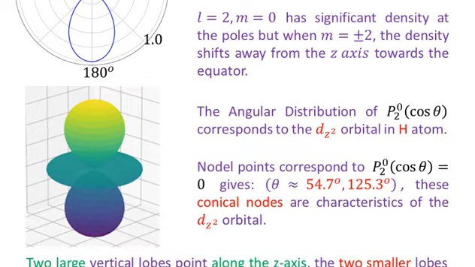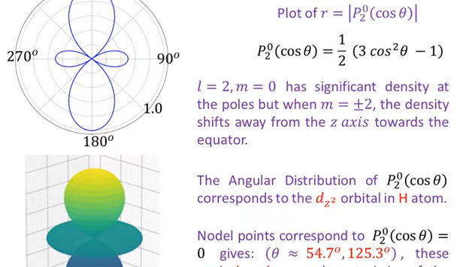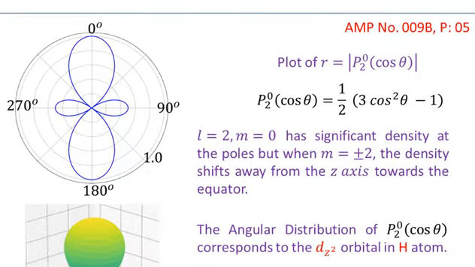So when we talk about the polar plane, for example this plane, we find out the two angles at which we can find the density of the function to be 0. One is the line which is drawn at an angle of 54.7 degree. So if you draw a line at an angle of 54.7 degree, that will pass through the center of this picture, and the other angle is 125.3 degree, probably over here.